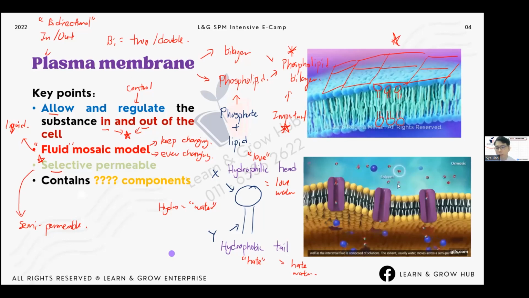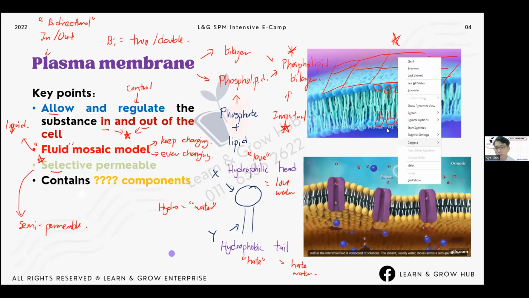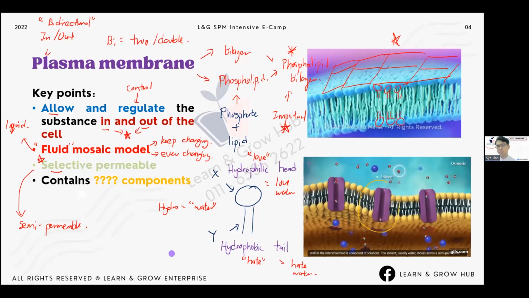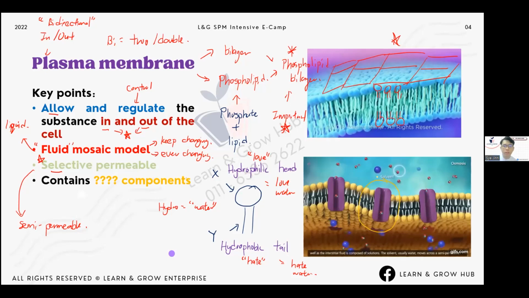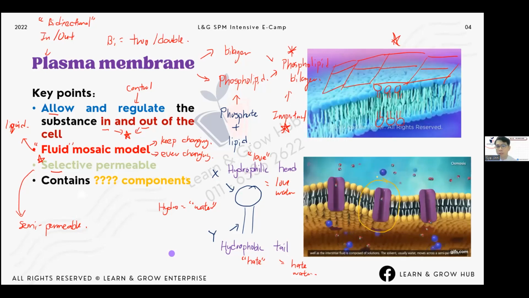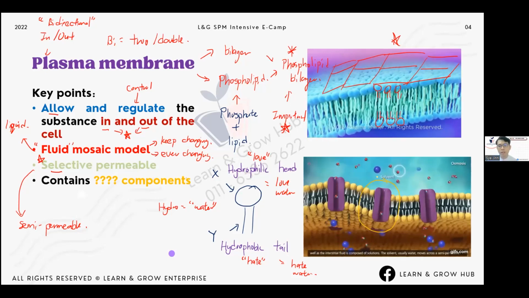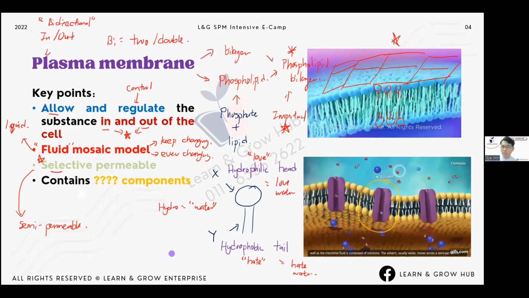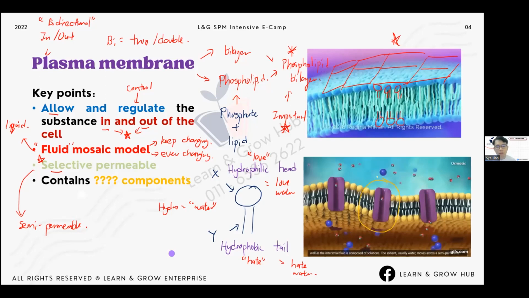Let me change my pen color. You can see this is the component that I can see on the plasma membrane. But why doesn't the teacher want to show me? If I ask you all, can you tell me the name of this component?